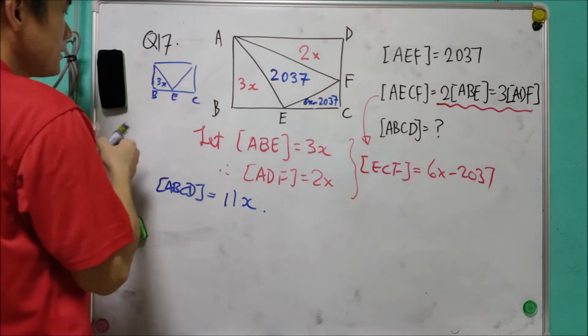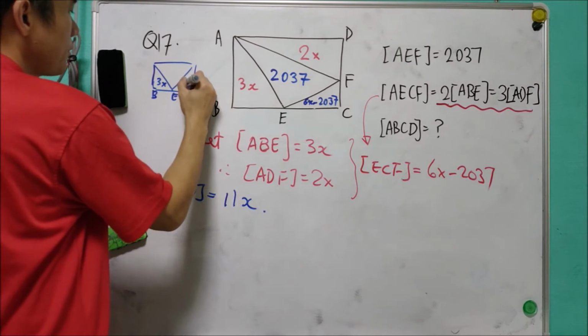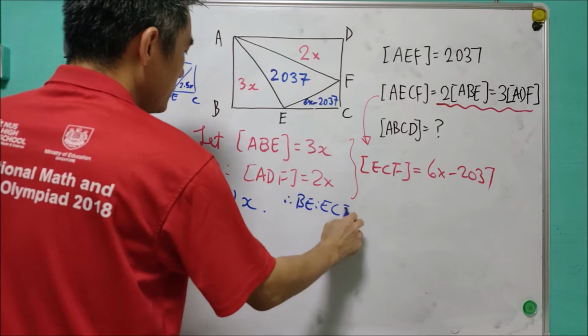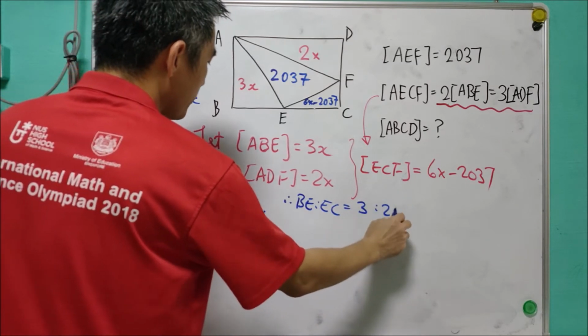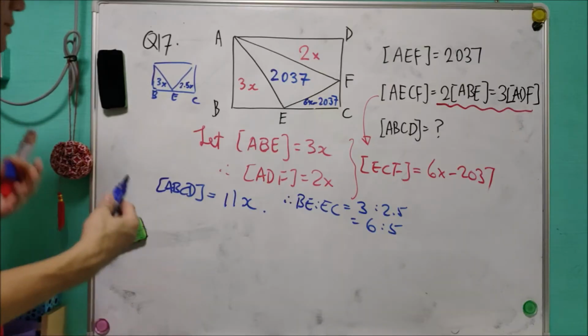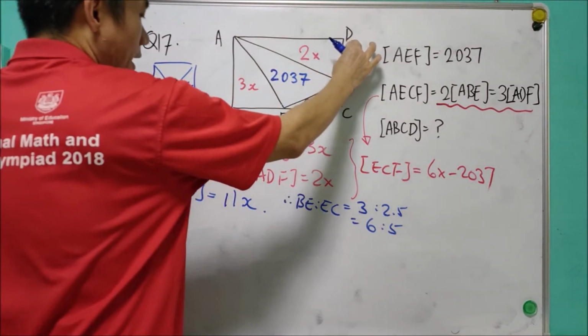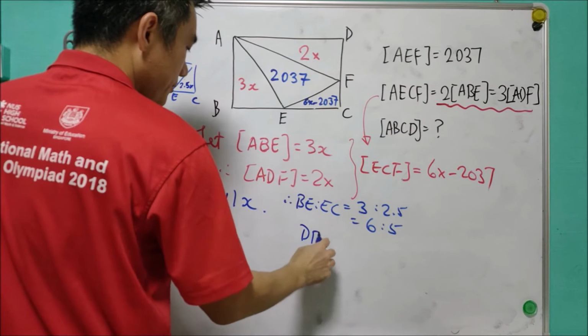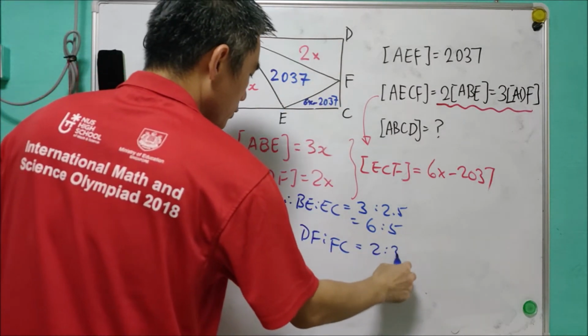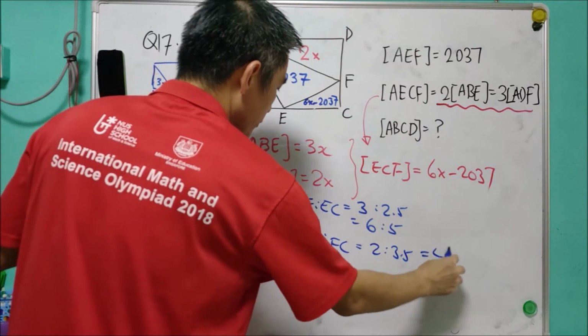Therefore, this is equal to 2.5x. Therefore, BE to EC equals 3 to 2.5, that is 6 to 5. Using a similar argument, we have DF to FC is 2 to 3.5, that is equal to 4 to 7.